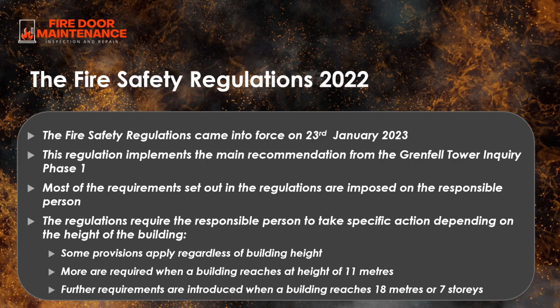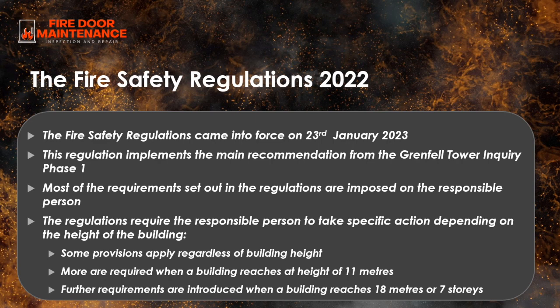This is set out as some actions are required to be carried out irrespective of the height of the building. This could be from a one-storey building upwards. Other actions are required when a building reaches a height of 11 metres, when more specific actions must be carried out.